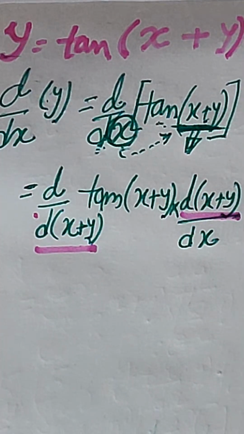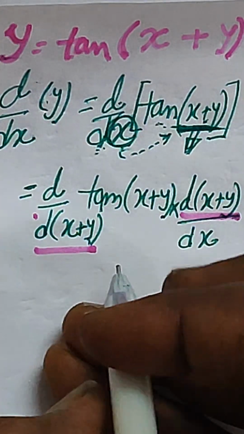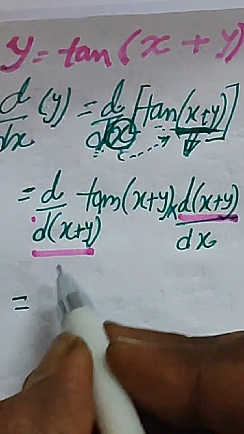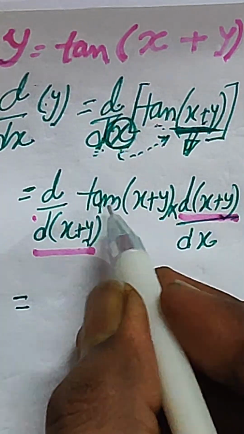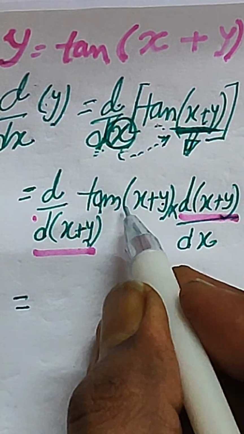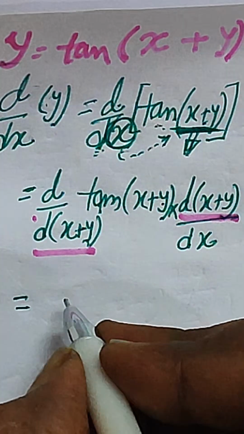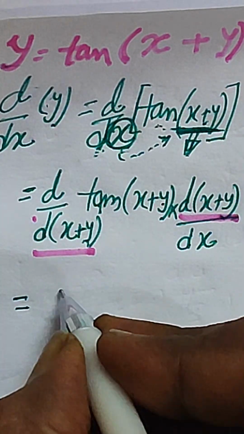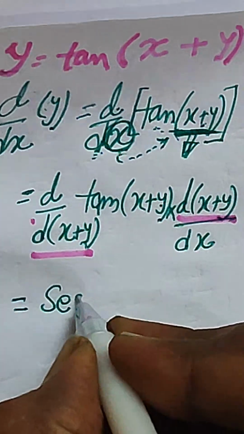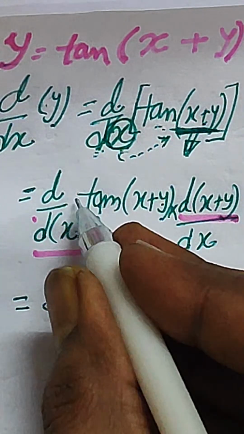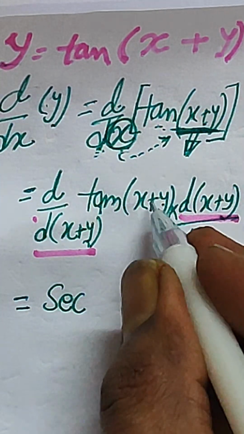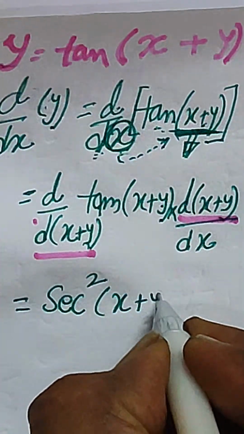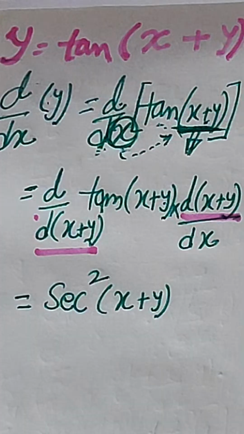Now the RHS, since we are going to differentiate with respect to x plus y: we know that the derivative of tan of any function with respect to that variable will be sec square. So d by d of x plus y for tan of x plus y will be sec square of x plus y, as it is.